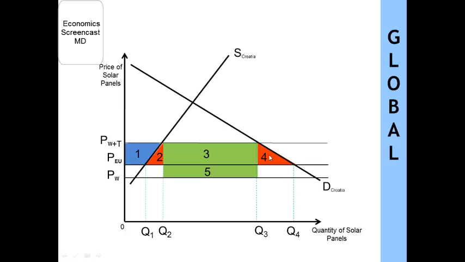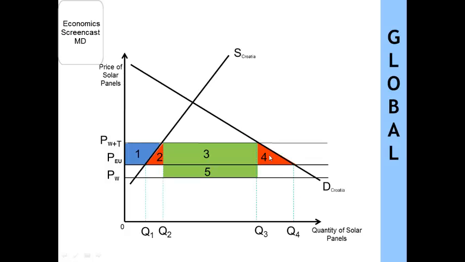The overall impact on welfare in the Croatian market is determined by whether the net gain of areas 2 and 4, welfare enjoyed by consumers and not transferred from other groups within society, outweighs Area 5. Now, Area 5 is lost tariff revenue, but also not transferred to consumers because consumers are now consuming a product that's produced by a less efficient producer, PEU.